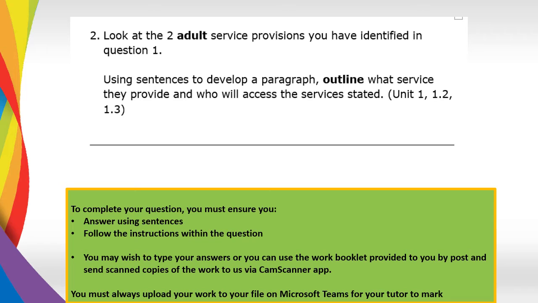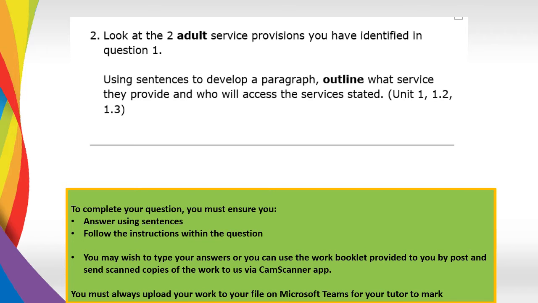Please make sure that you've already answered question 1, because you cannot work on question 2 without your answers in question 1. Those 2 service provisions that you identified for adults in question 1, you are now going to use for this question. Using sentences to develop a paragraph, outline what service they provide and who will access the services stated.